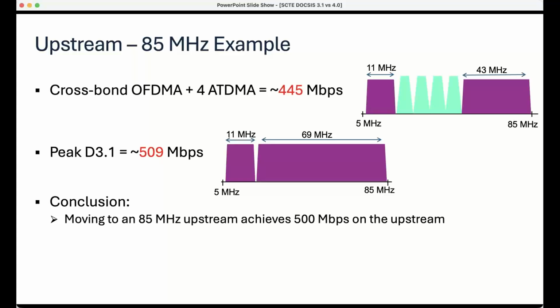So you might be asking, why do you have that 11 megahertz block down there? I would recommend running that smaller OFDMA block in the noisy part of your low frequency spectrum, where I have that 11 megahertz block of OFDMA. Your plant may require a larger block here. If you have more noise, you may want to slice this split differently.